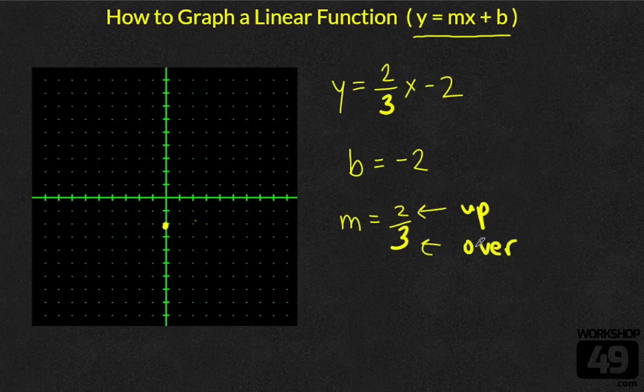Some people will call this the rise over the run as a way to remember. But it just means instead of trying to go up by 2/3 and then over by 1, that you can just go up by 2, over by 3. You'll get the same answer, but one of them's a lot easier to visualize.